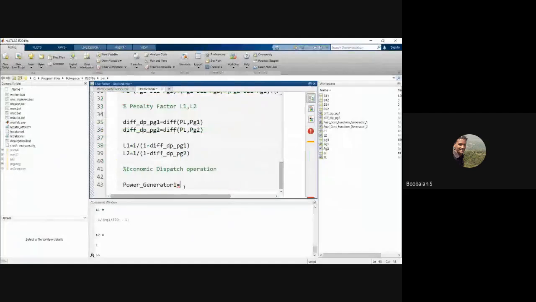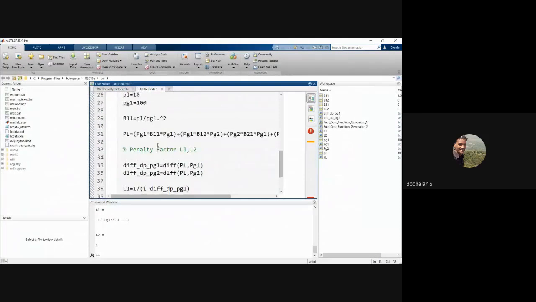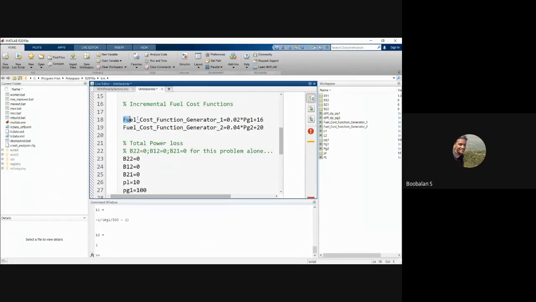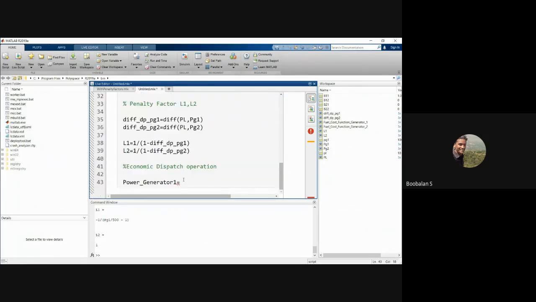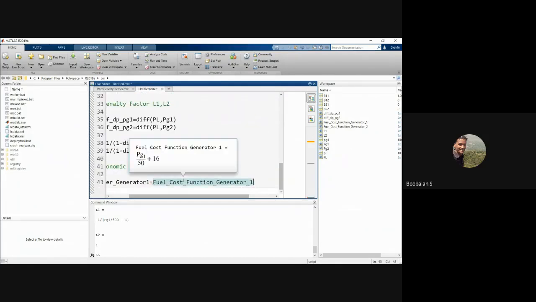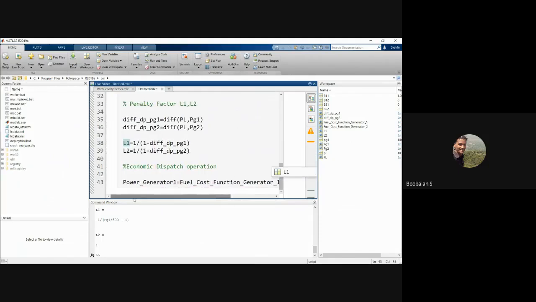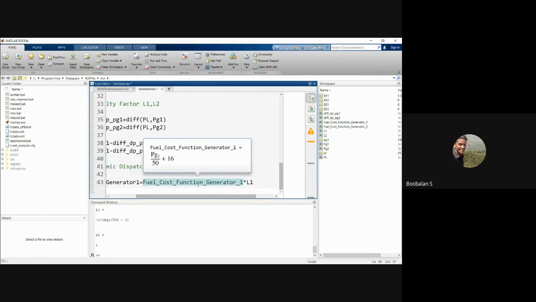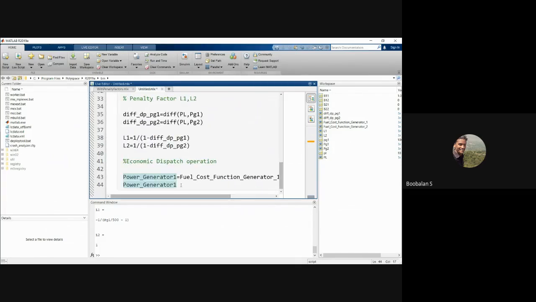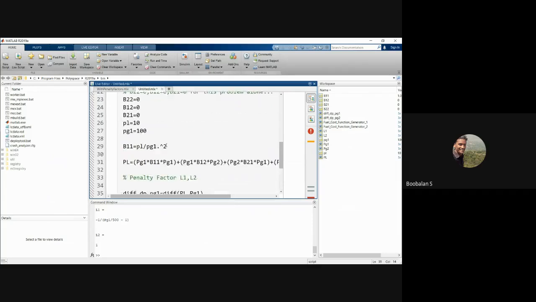That's why we are going to create them individually. Already we have created the equation here, the fuel cost function. I'm just going to use this equation over here, multiplied by the penalty factor, that is L1, which we just calculated. The same way for the second generator, power generator 2 equals the incremental fuel cost we already defined in our earlier case.